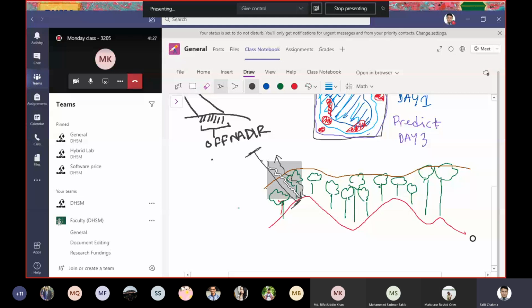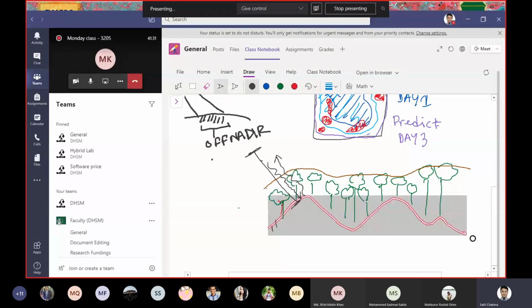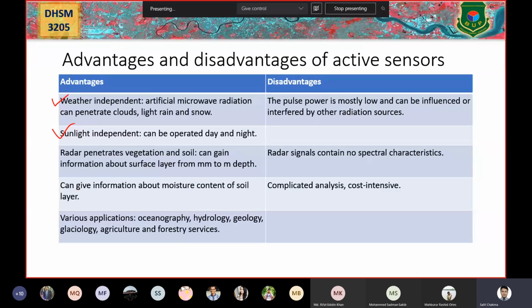So using this technology, now you can find out that, okay, this is my surface of the terrain, not this brown line. That way, we can also find out how the terrain looks beneath the coverage of canopies.